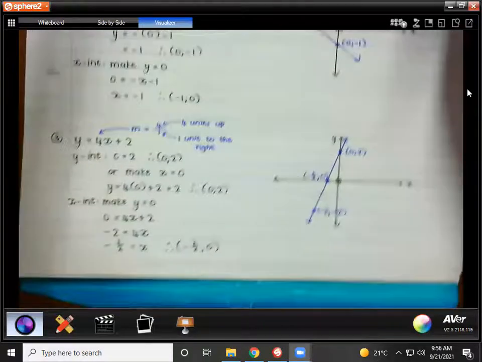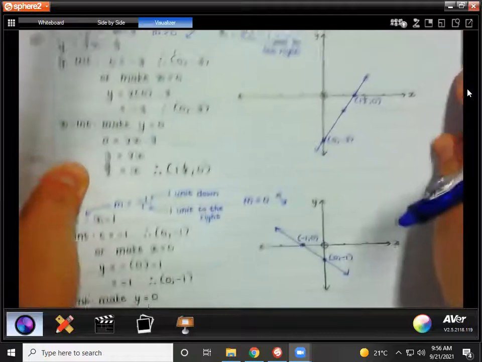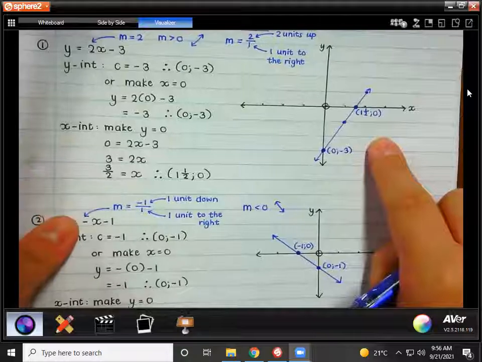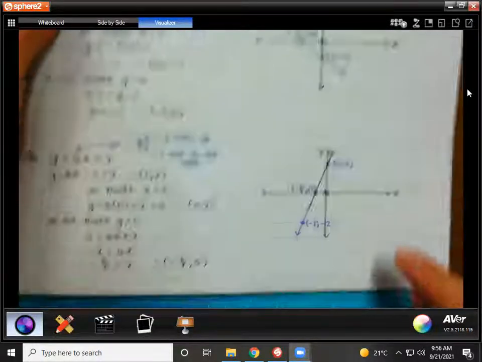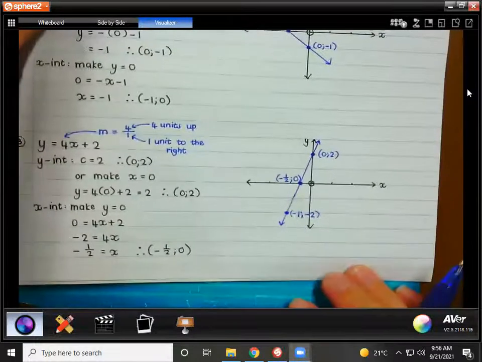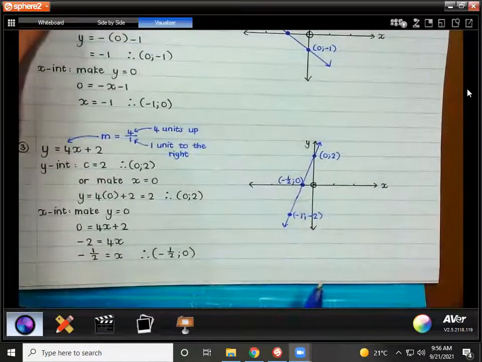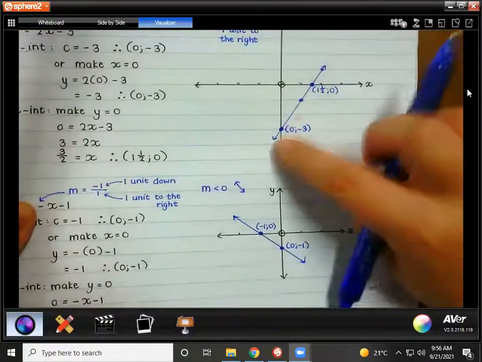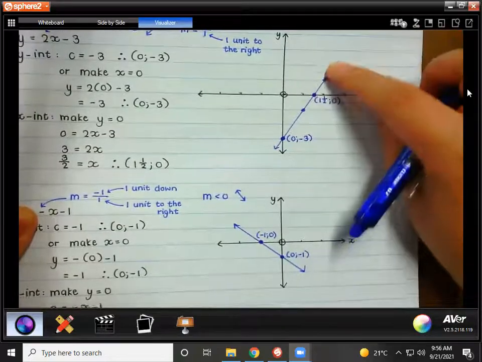Now, guys, I want us just quickly to compare the first graph and the third one. They both have positive gradients. Do we see they're both increasing? But isn't this one steeper than the first one? In terms of steepness, do we see that this one has quite a gradual slope?